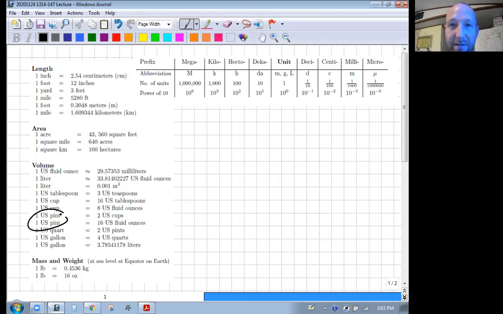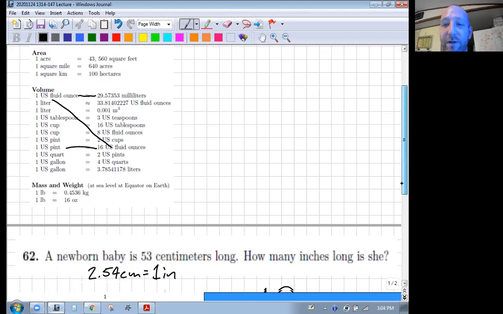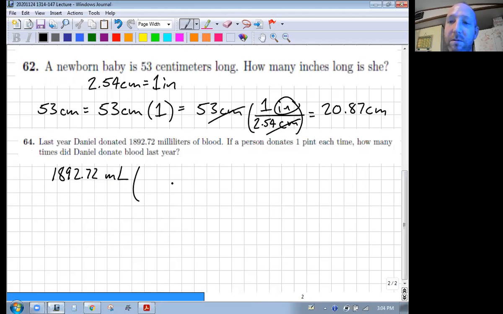Let's see what we can do up here. Here's our pints. We can go milliliters to fluid ounces, and then fluid ounces to pints. There's 29.57 milliliters in a fluid ounce.